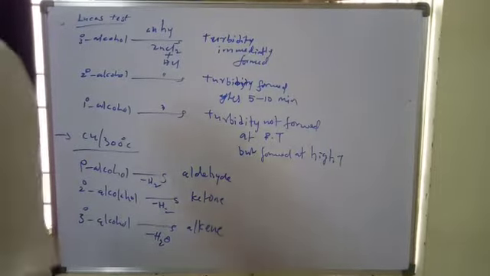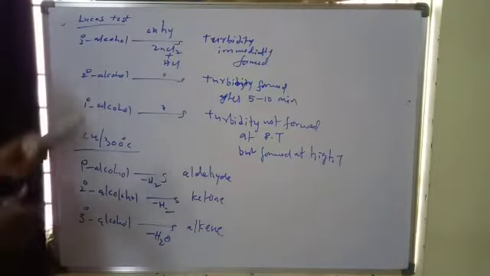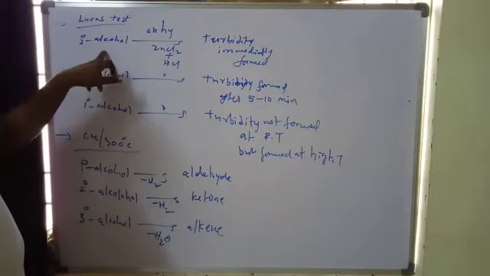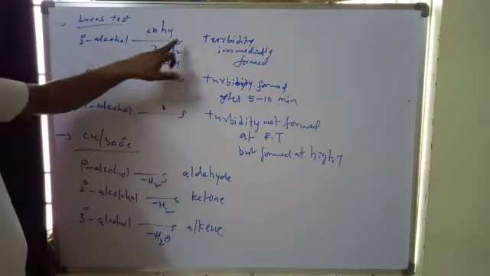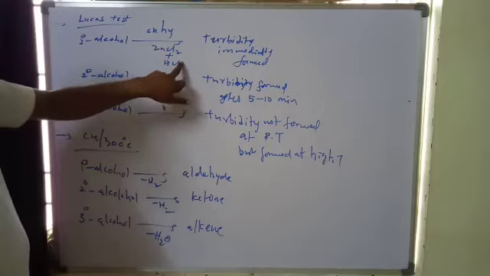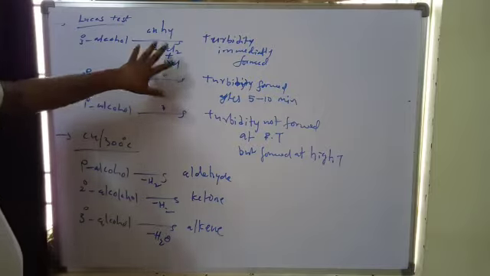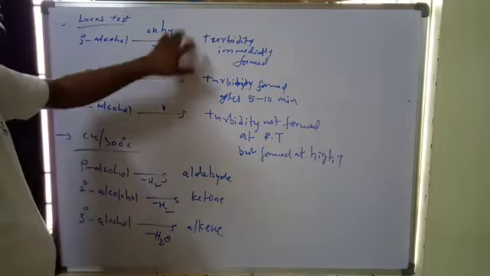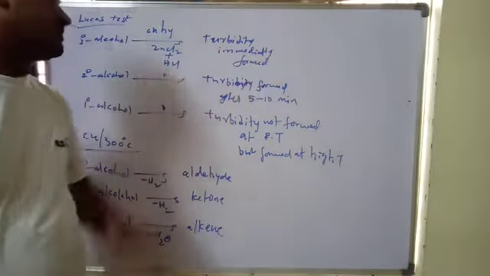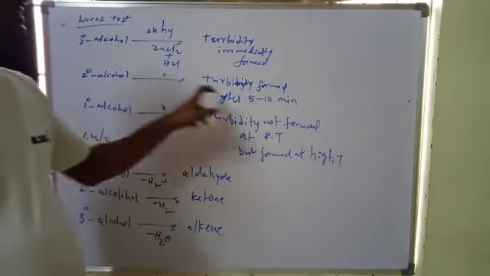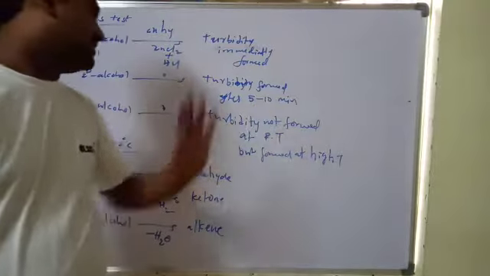Next, the Lucas test, again I am revising. Tertiary alcohols with Lucas reagent, anhydrous zinc chloride and HCl, give turbidity immediately, and secondary alcohols form turbidity in 5 to 10 minutes.